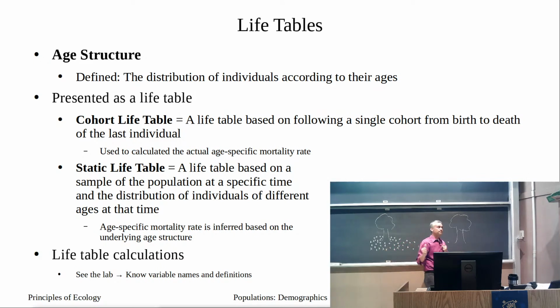So if we were going to do it for humans here, what we would do is go down to, let's say, Community Hospital, and we could say, okay, we're going to pick out all the individuals that were born this year in 2020. We're going to record all of the individuals, and we're going to follow all of those individuals until the last one of them dies.